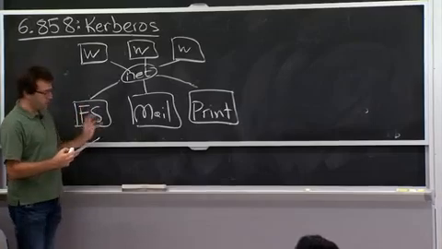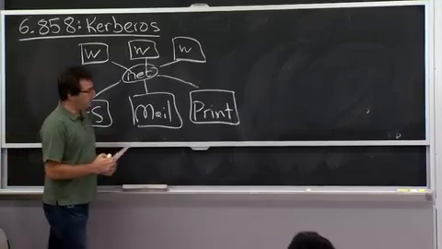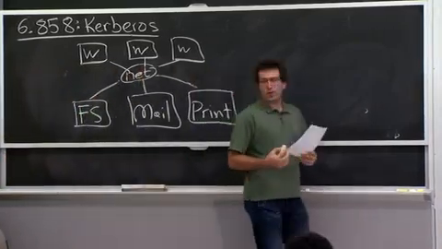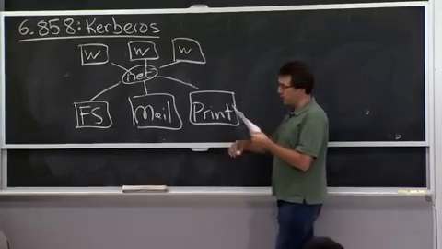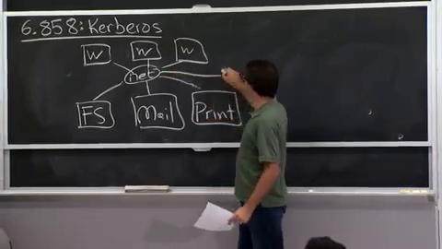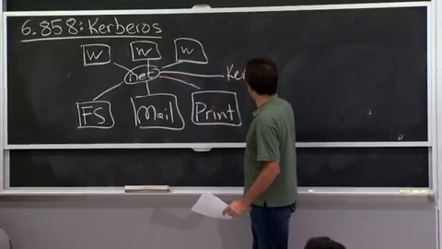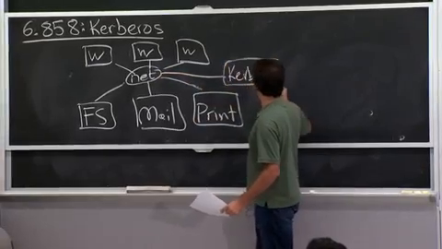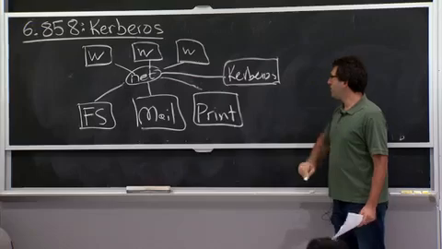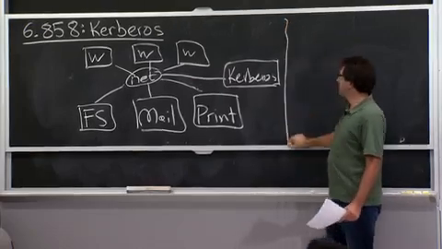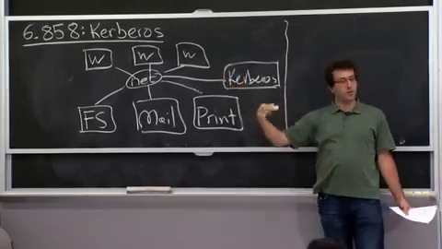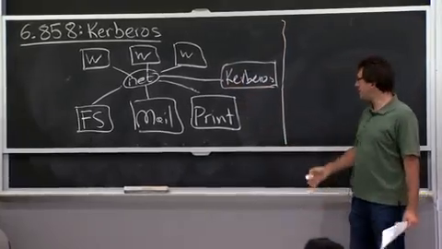Anyway, that's the setting for Kerberos. And it might be interesting to figure out what's the trust model. Kerberos is going to introduce this extra Kerberos server sitting on the side. Our threat model at some level is that the network is untrusted, like we were thinking about in last lecture.